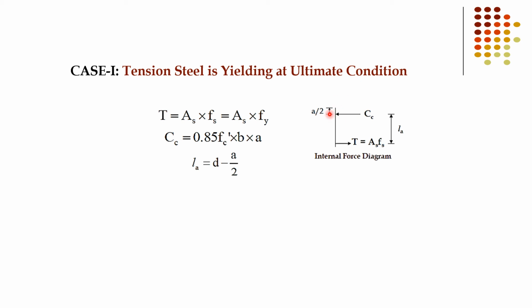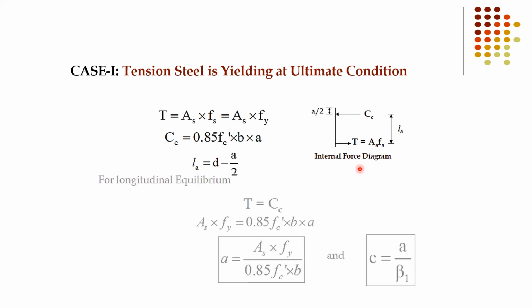On the concrete side, that is the equivalent Whitney stress block diagram, that is 0.85 Fc prime into B into A, and the lever arm is D minus A by 2, that I have already discussed. Okay, so for equilibrium, as we know, as the loading starts increasing, the internal force equilibrium will remain maintained up till the failure.